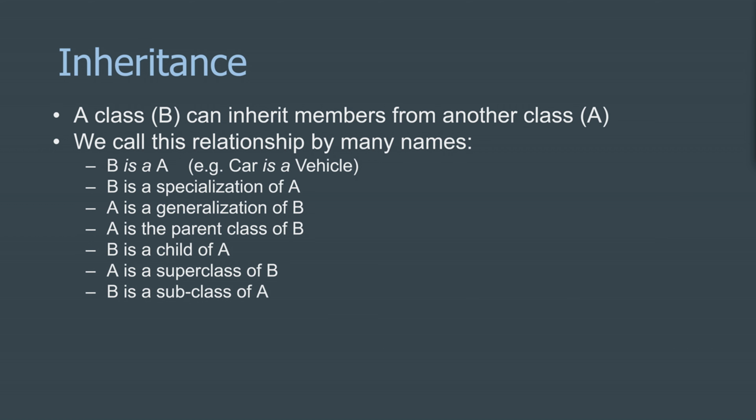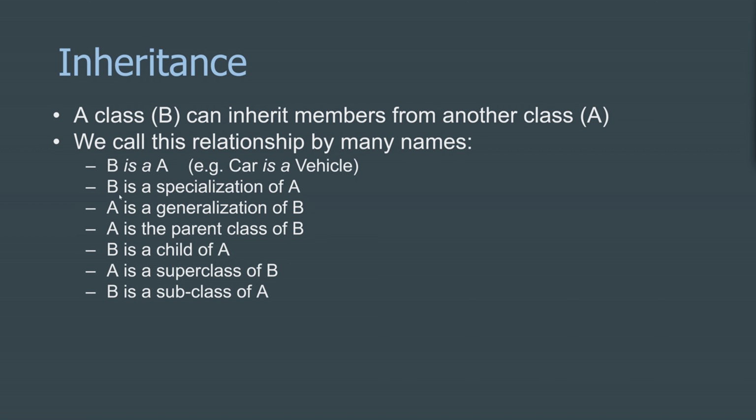They have wheels, that's how they get around, an engine specifically, and their power source might be an electric battery, or might be a gas tank or a propane tank or natural gas or whatever. So a vehicle certainly is a generalization of a car, and a car is a more specific version of a vehicle. To put all the terminology aside, let's just say that B is a specialization of A.